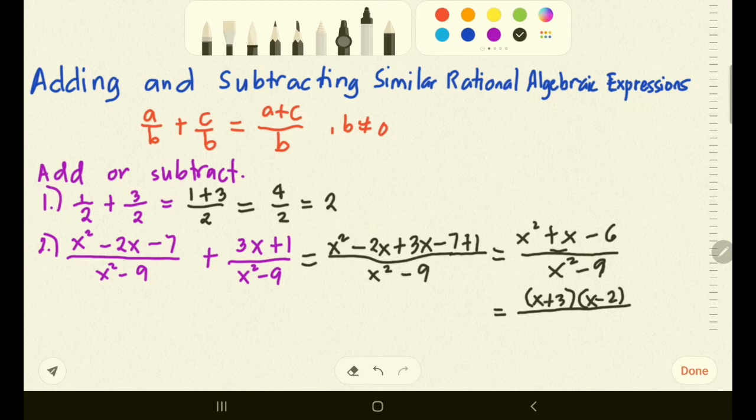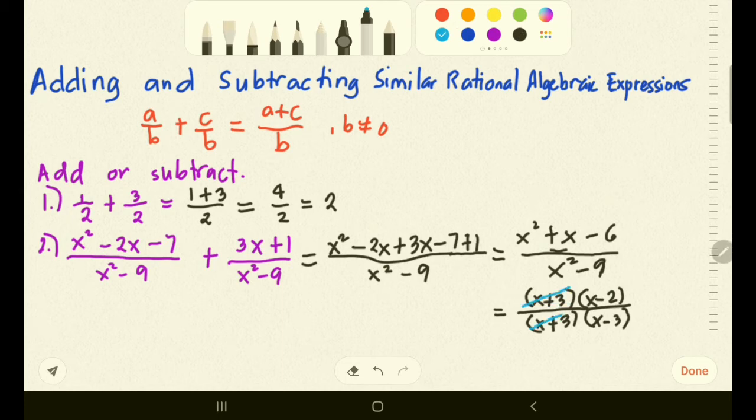And also the denominator x squared minus 9 is a difference of two squares. Very obvious. The factors are x plus 3 and x minus 3. And then you simplify. You cancel out the common binomial factor, which is x plus 3.